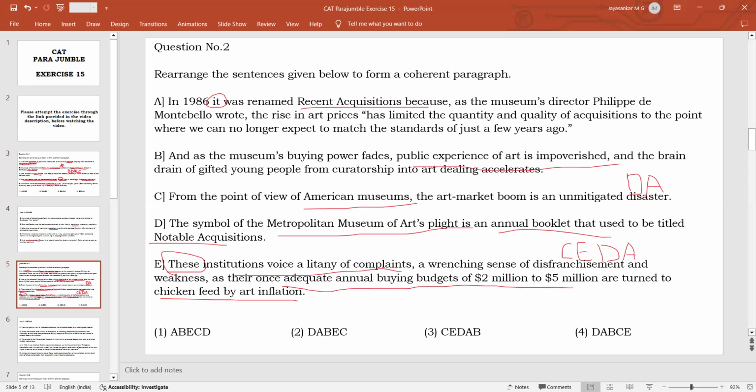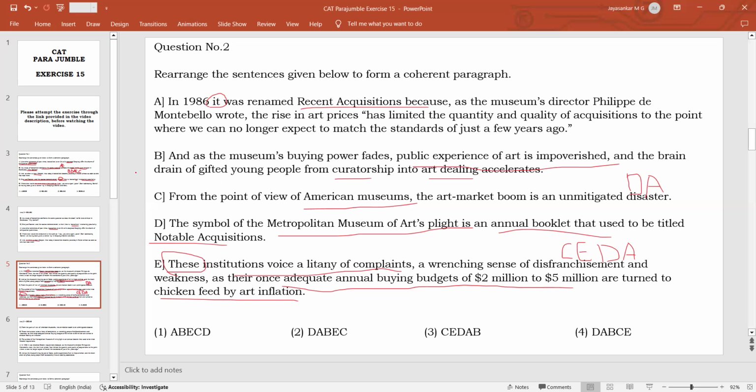And the brain drain of gifted young people from curatorship into art dealing accelerates. It means young people are now not interested in working as curators in art museums because of this lack of quality, so they are moving from curatorship into art dealing directly because of the problem.